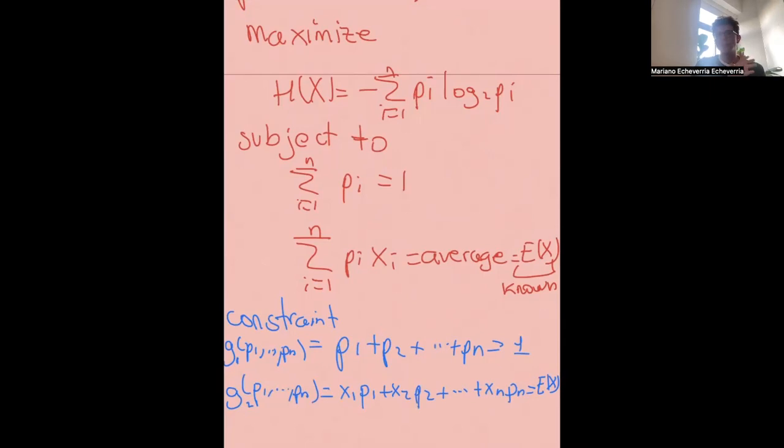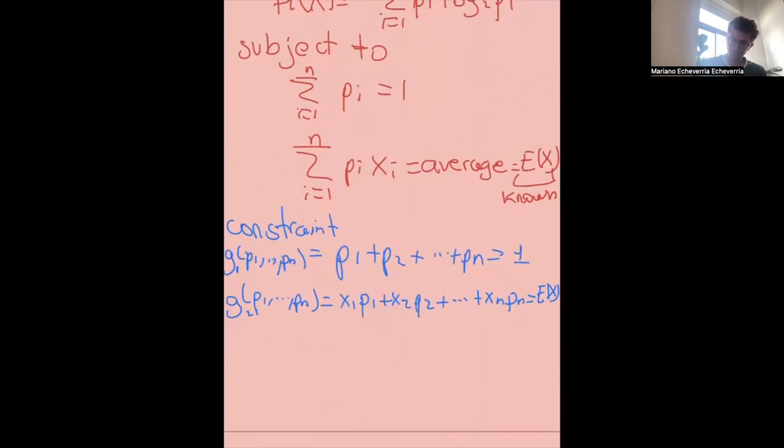It's a Lagrange multiplier problem again, but now with two constraints.